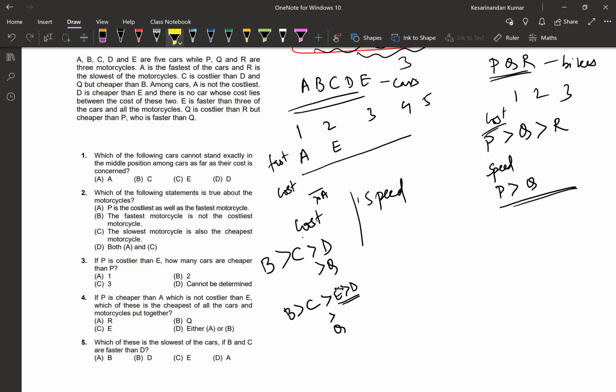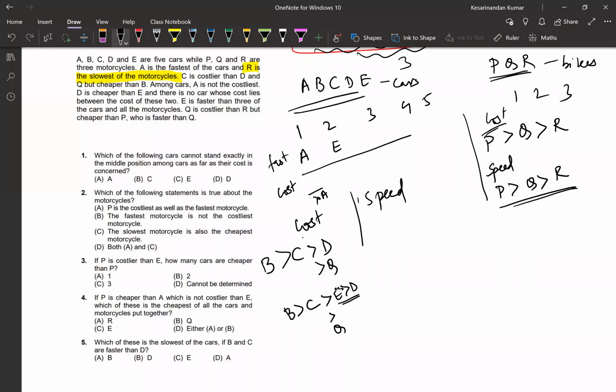Okay, my bad. I missed it. Yeah. R is the slowest of all the motorcycles. Thank you. Great. So R is the slowest of all the motorcycles, and we have all the order for the bikes. We will have to figure it out for the cars now.